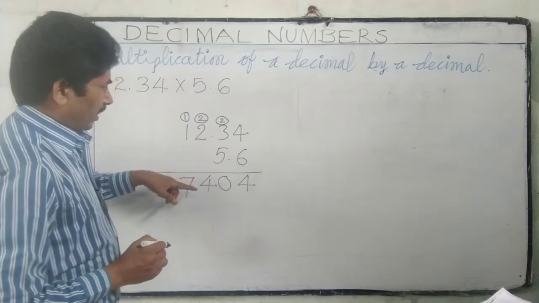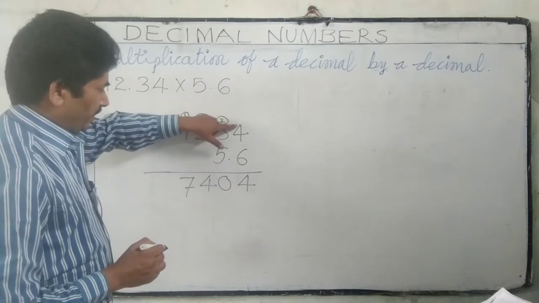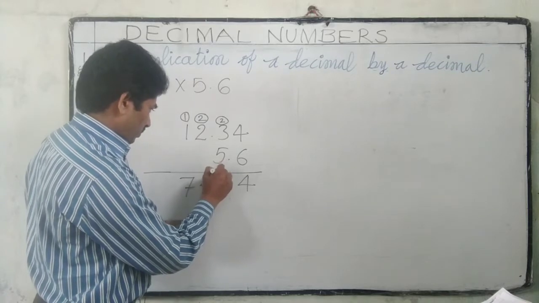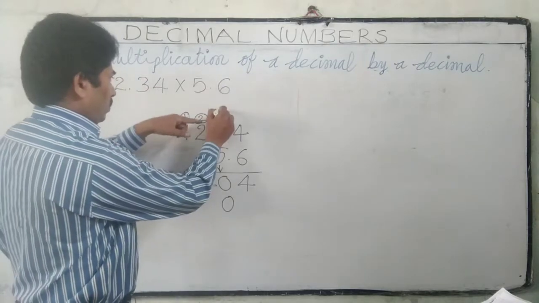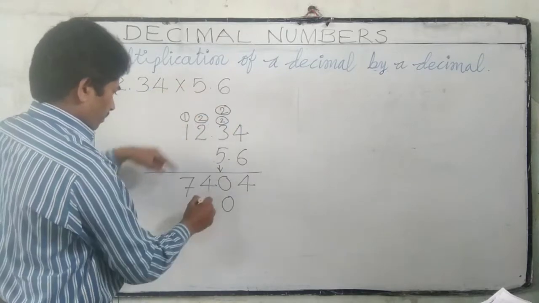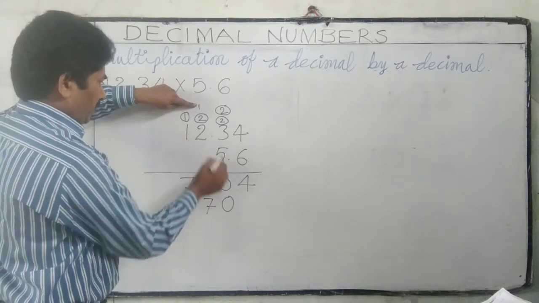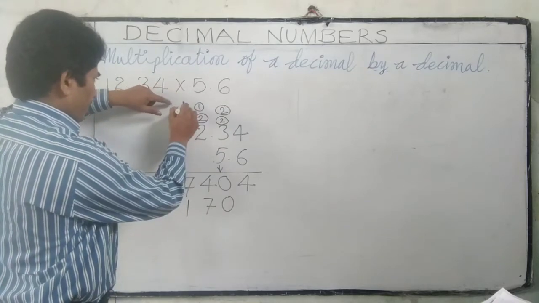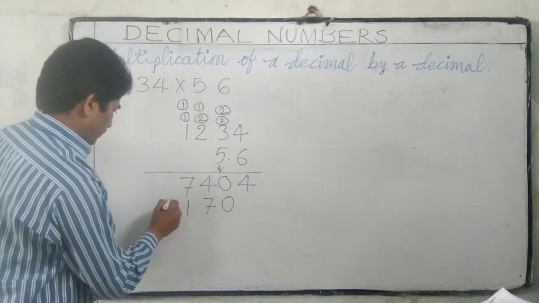Next we have to multiply this 5. 5 4s are 20. We have to write here straight. 0, 2 carry. 5 3s are 15 plus 2, 17. 7 here, 1 carry. 5 2s are 10 plus 1, 11. 1 here, 1 carry. 5 ones are 5 plus 1, 6. 6 only.